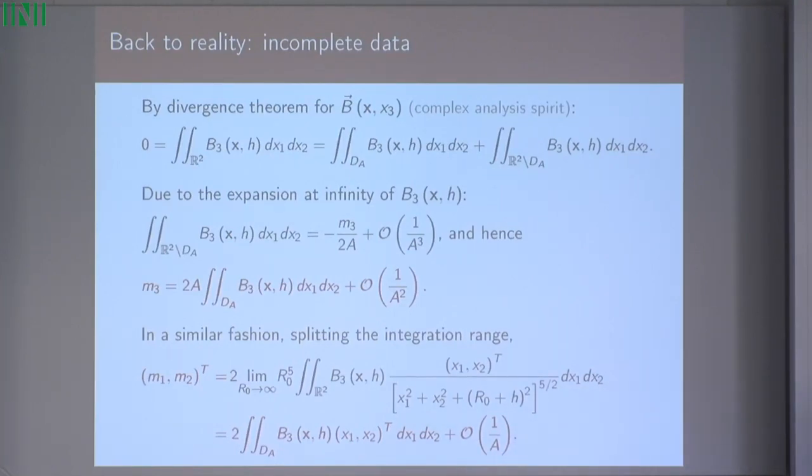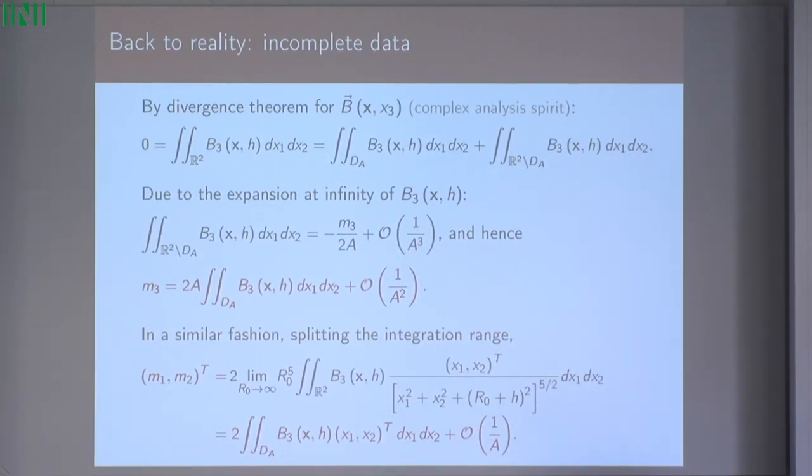So we split the integration range into what we measure. There we pass to the limit, R0 goes to infinity, and in the second term, in the complement, we take the asymptotic expansion, and before passing to the limit, we compute those integrals of the asymptotic expansion terms.